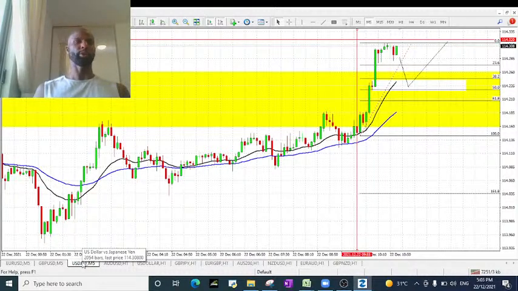Okay, US yen is not showing any sign of retracing. We are not going to chase. If we get the trade, beautiful. No retracement, no trade.